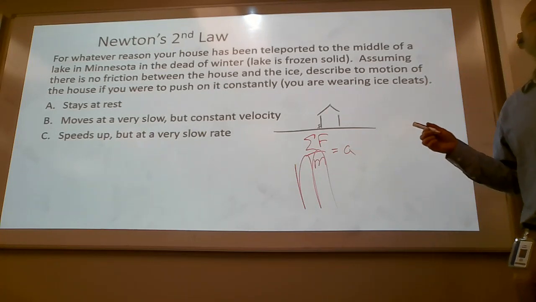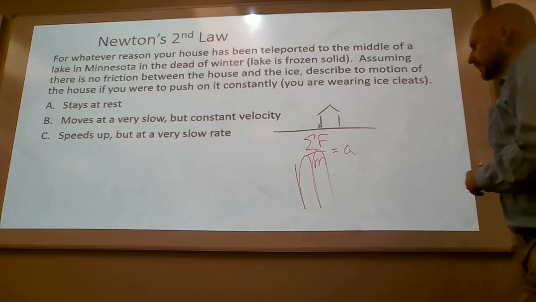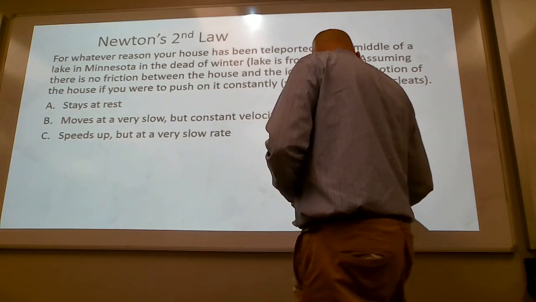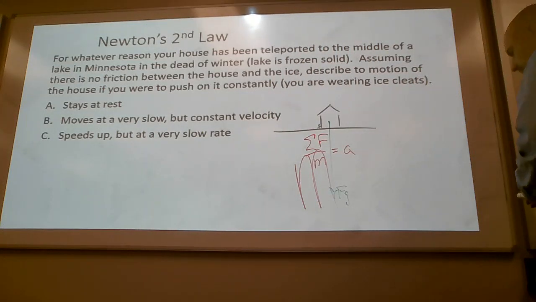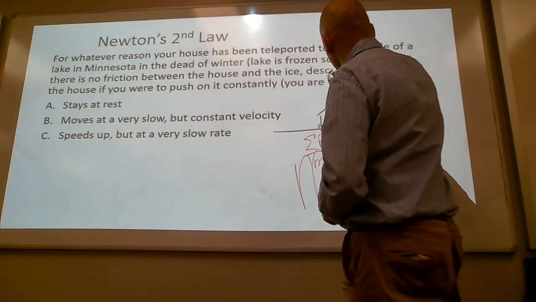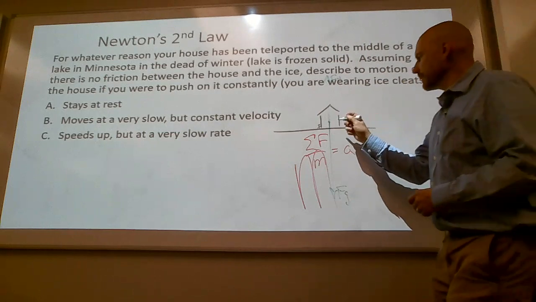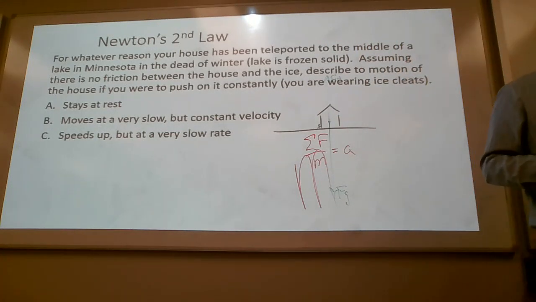You good with that? The second thing I want to bring up is this idea that, okay, you have this huge force of gravity, and you have this equally huge normal force, and you have this itty bitty force, that's you trying to push on your house in comparison.